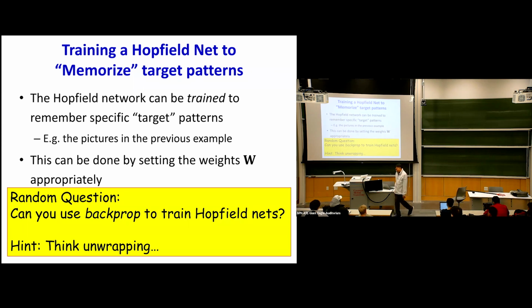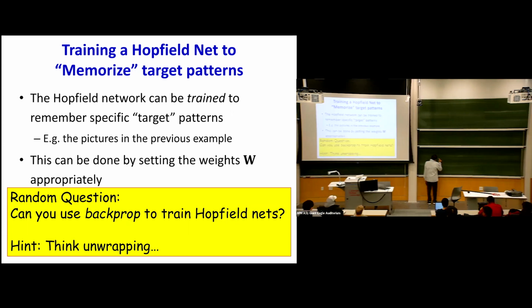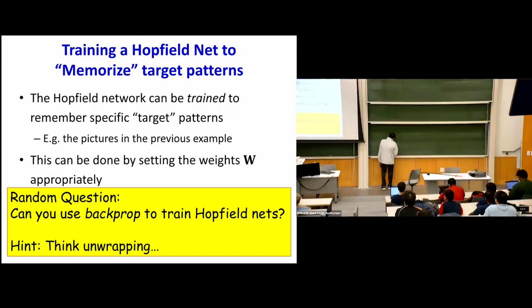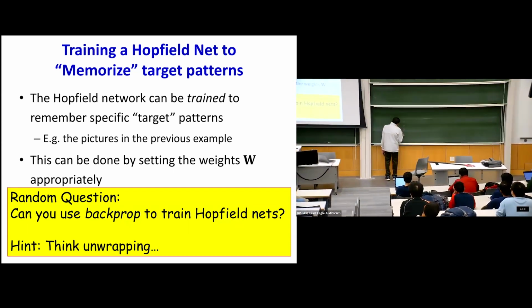So, conventional backpropagation, there is one coming from another direction. But here's what I could do. Even though it's loopy, I can think of the processing as something like this.